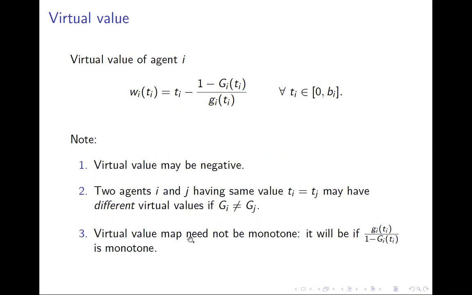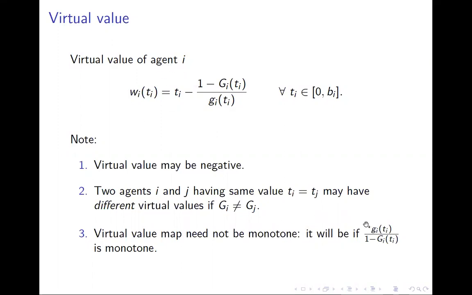The third point is, the virtual value map need not be monotone. As ti increases, it's not clear that WiTi will also increase. It will depend on how this term is behaving. In particular, if small gi by 1 minus capital Gi is monotone, then this map will be monotone.